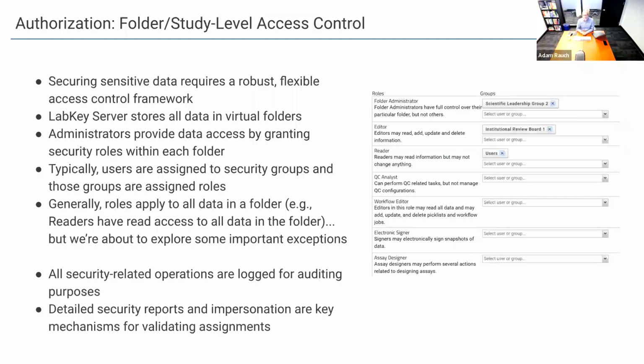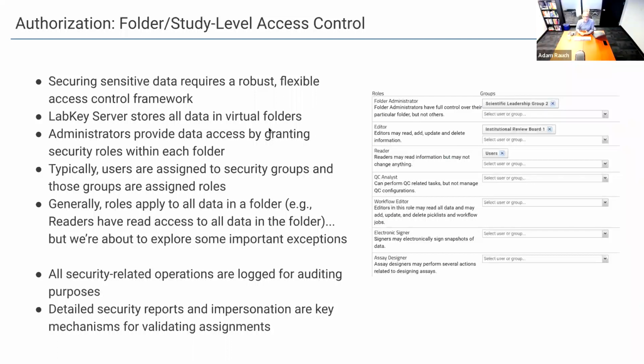In the next four or five slides, we're going to explore some very important exceptions to that rule. But that's the starting point: access control at the folder level, assigning roles only to the users who need access to data within that folder. Again, importantly, all security operations are logged for auditing purposes.